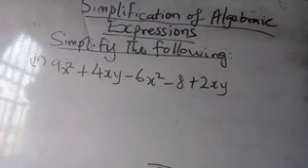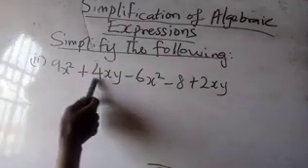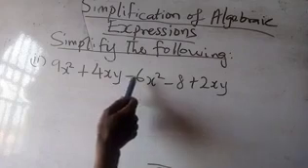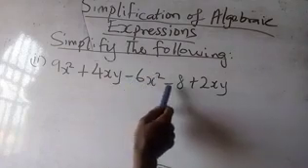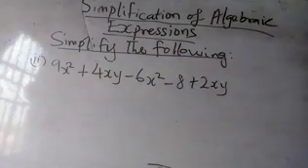We are to simplify this expression on the board. We have 9x squared plus 4xy minus 6x squared minus 8 plus 2xy. So what do we need to do first? We need to look at terms that look alike.